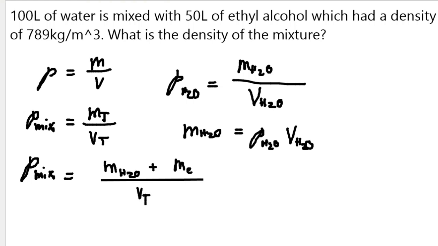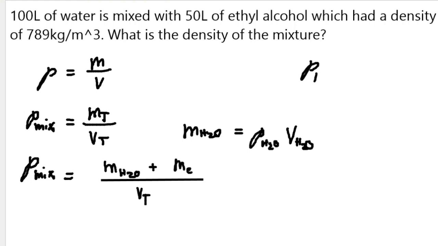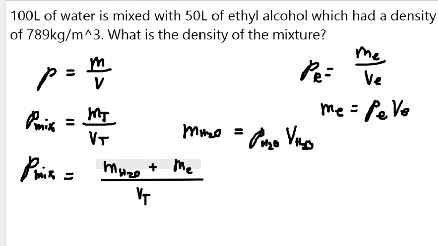We're not going to break it down into the volume of the water plus the volume of the alcohol. The density of the ethyl alcohol is equal to the mass of the alcohol divided by its volume. Cross multiplying and solving for the mass of the ethyl alcohol, we will get this.